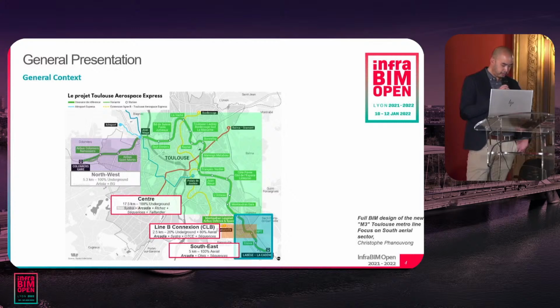We work on the southeast part, where Arcadis is the main contractor, with another firm called Séquence, and another engineering firm called OTIS. And we work on a connection project, CLB, which is the connection to line B. We are the main contractor also on this part, and we worked with Systra and also Séquence.